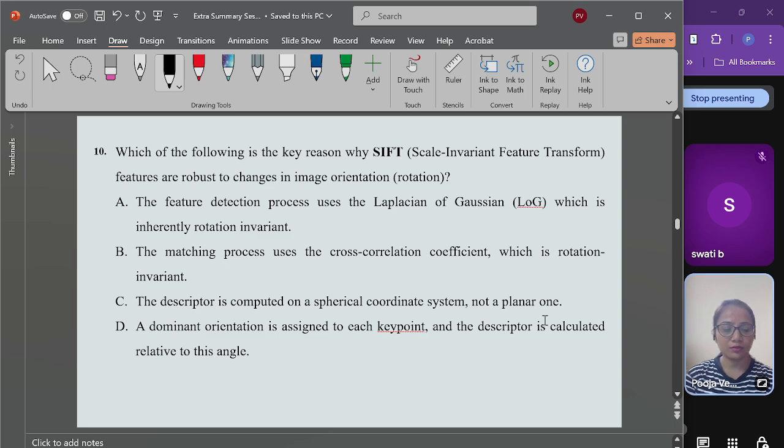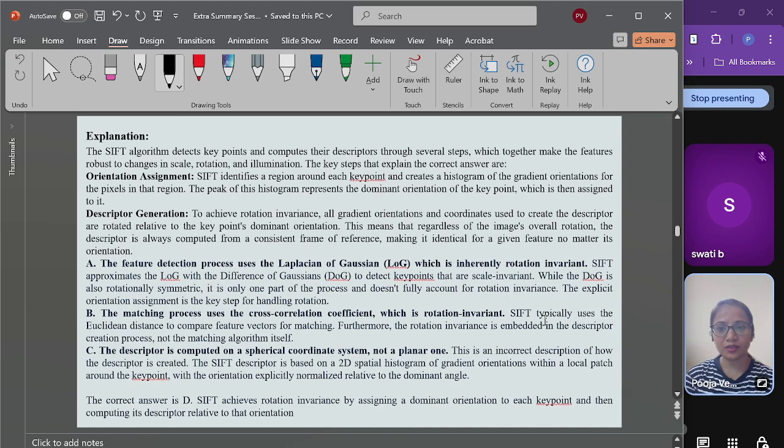Okay, let's see the detailed solution given here. I have added all the solutions in detail so that you can recall the points from the previous week's questions. The explanation is added here.